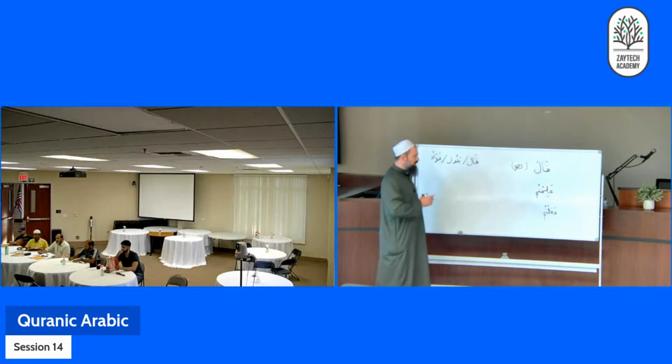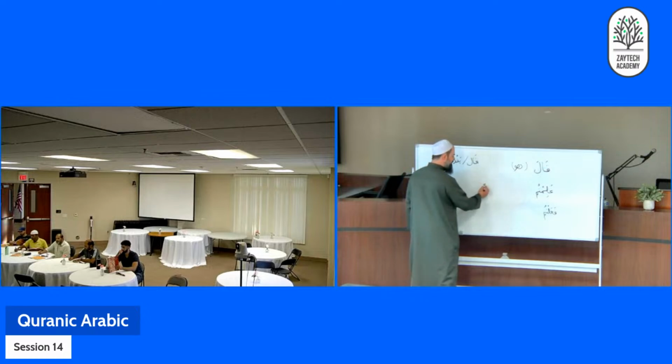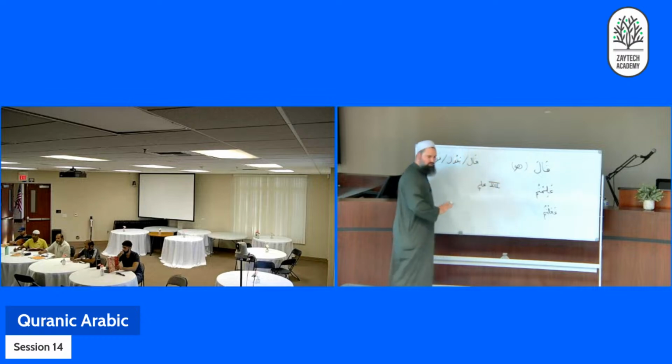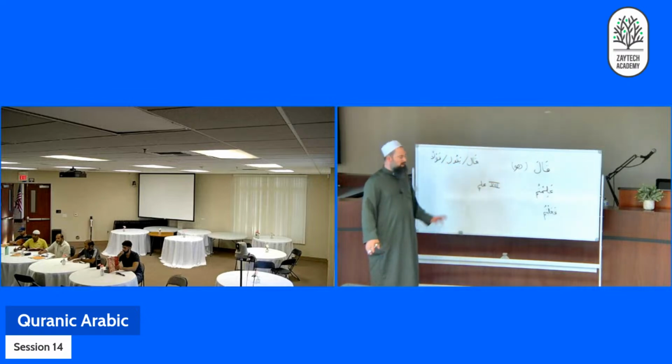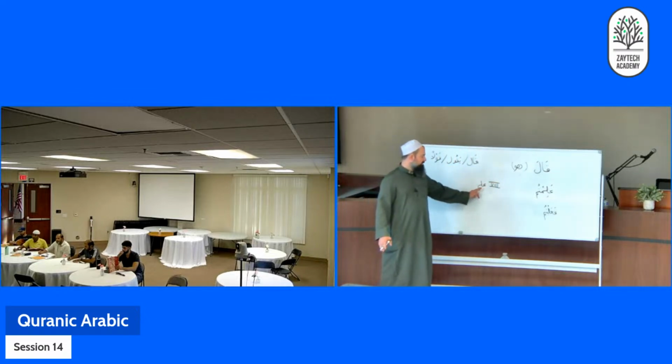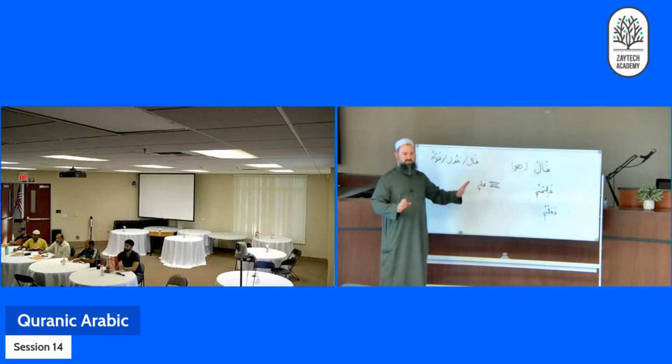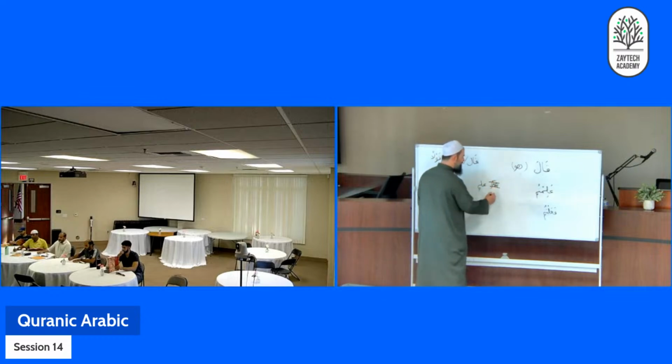Okay? So I know the root letters. If I had these root letters and you said form 8, for example, as we'll look at later on, you don't need to tell me anything. I just know Ain, Lam, Mim, and I could work the rest out because we'll learn that later on. Form 8 will be predictable. But this is not Form 8, this is Form 1. So I don't know what it is.